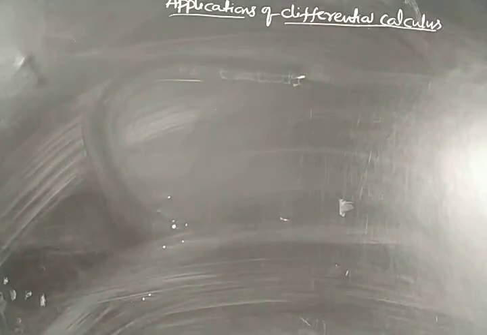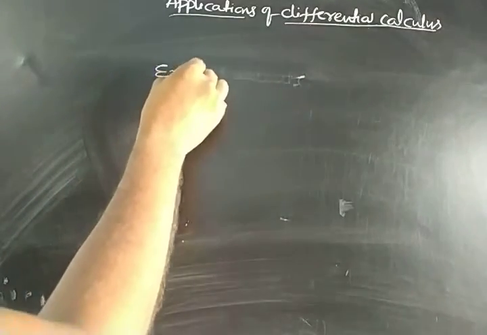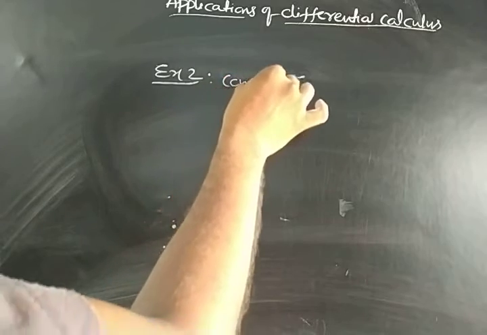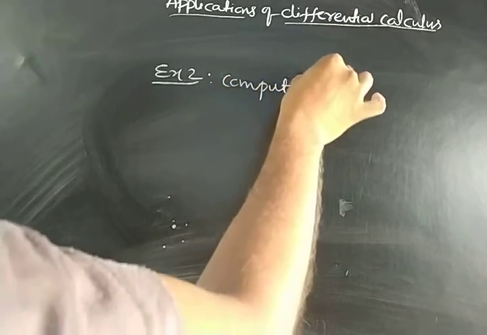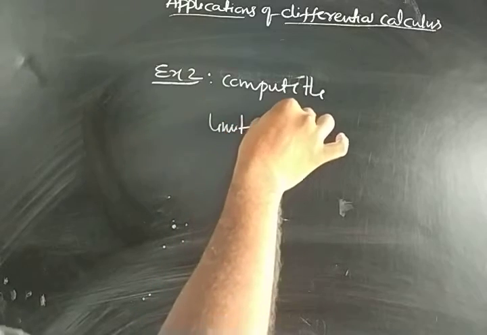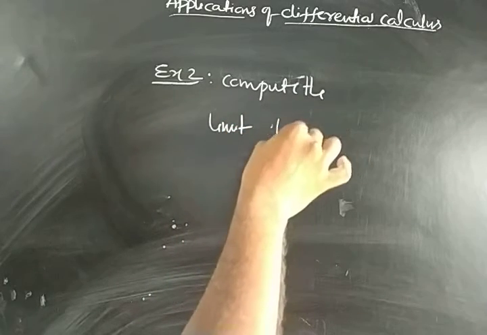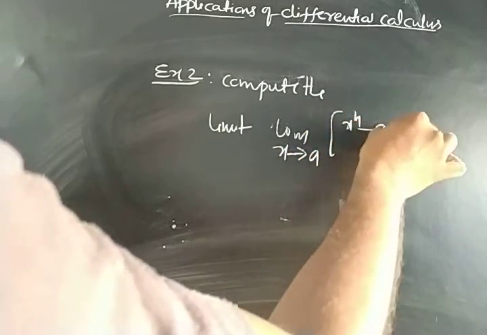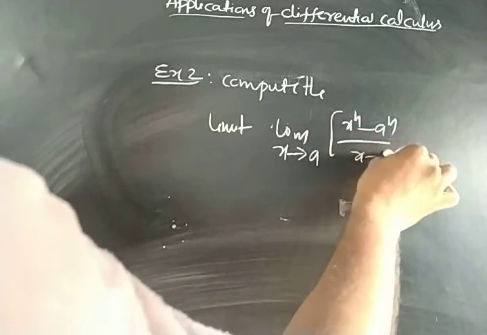Second example, example 2. Compute the limit as x tends to a of (x power n minus a power n) by (x minus a).